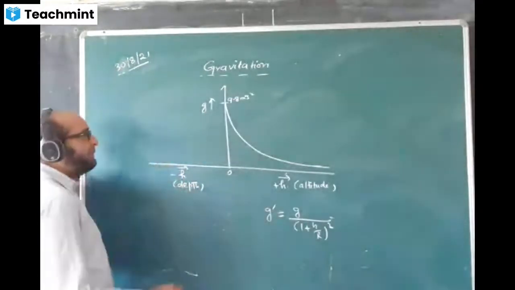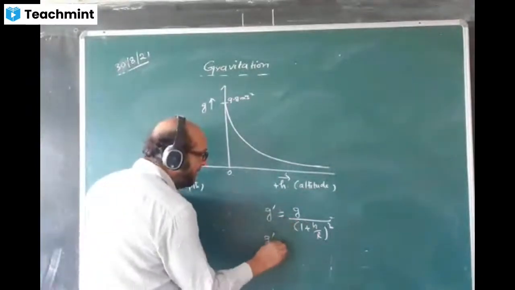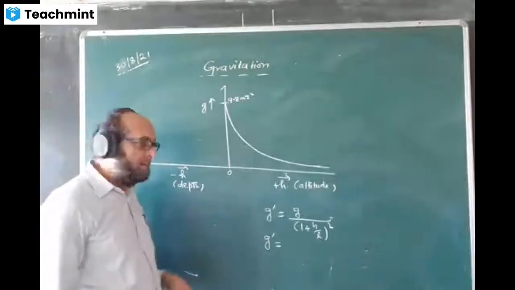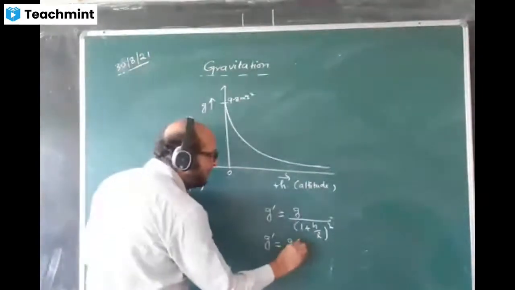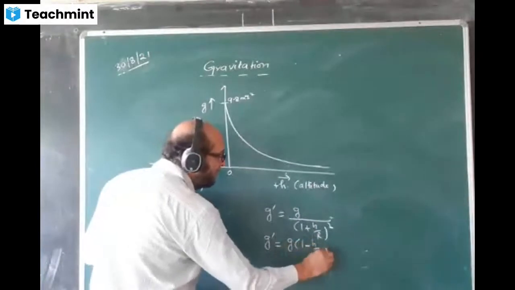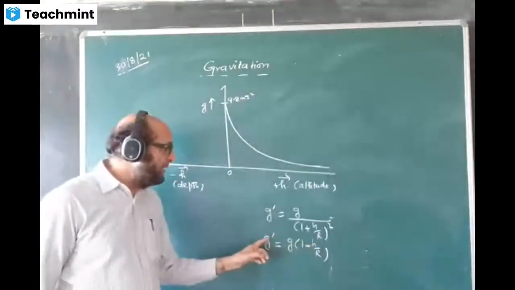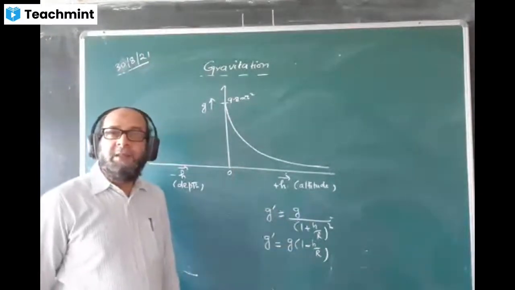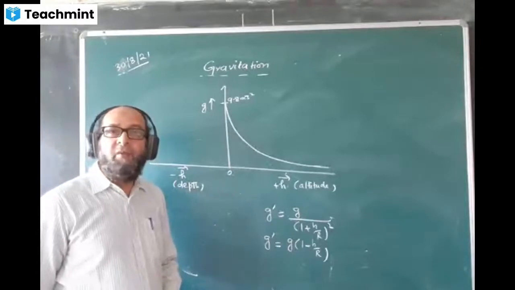And out here with the depth, what is the formula with the depth? Check the formula with the depth. g dash formula with the depth, just now we derived. What is the formula? Check. g dash at depth h is equal to g bracket 1 minus h by R. What type of equation is this? The power of g dash and h is 1. Both powers are 1. That means this is representing a straight line, y equal to mx plus c form.